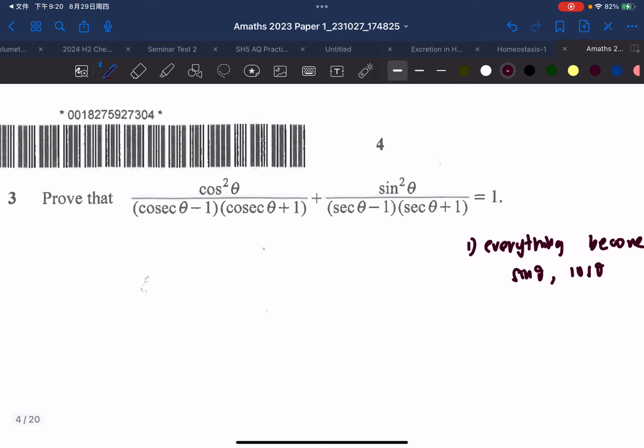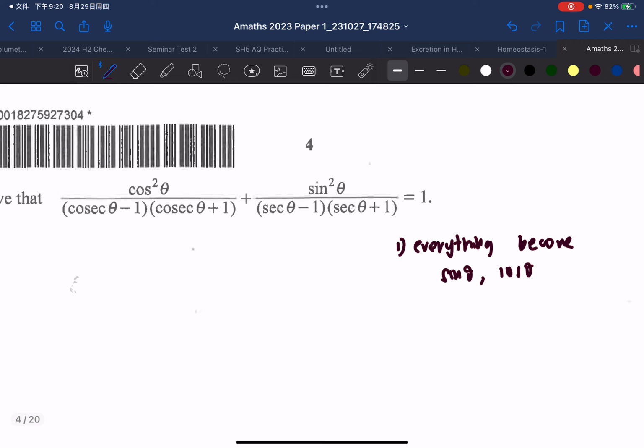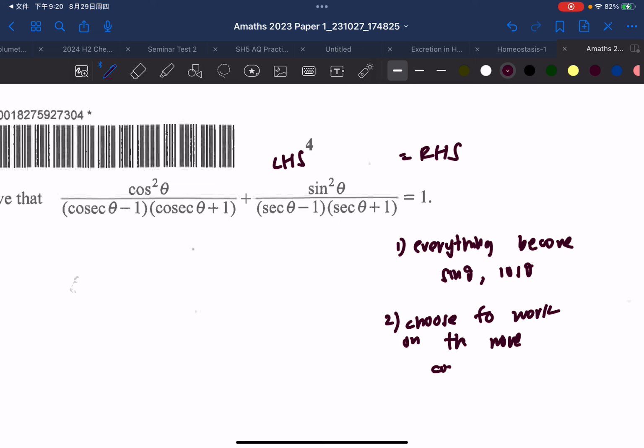Then, if today I have right hand side equals left hand side, which side do I choose to prove? Choose to work on the more complex side and try to simplify it.